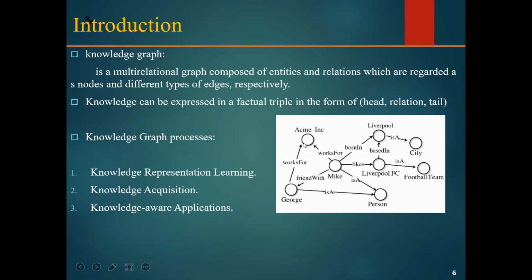These entities could be objects, events, situations, concepts, or anything else. It tries to represent the relations between them in a graph fashion. So it stores this information in a graph database, and that is why we call it a knowledge graph.